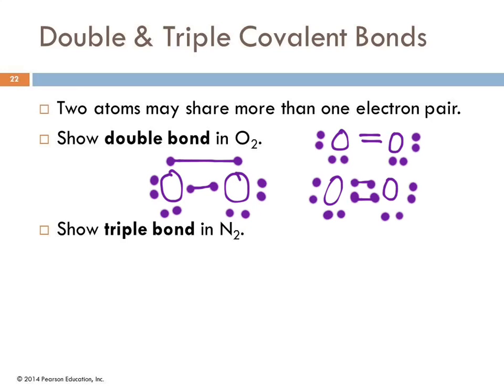Let's look at nitrogen. Nitrogen. How many valence electrons? Okay, it's got 5. So N2, they can share that pair, and then they'll have to share this pair and this pair.